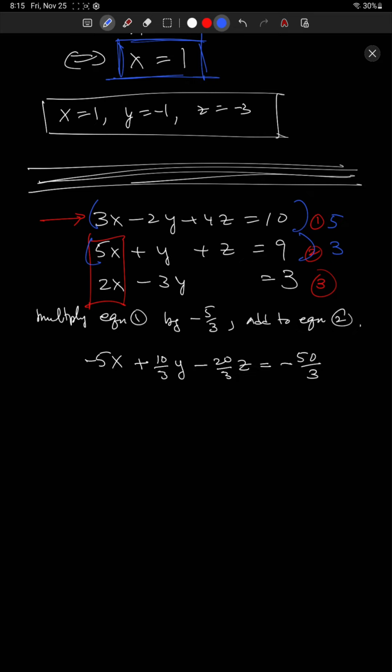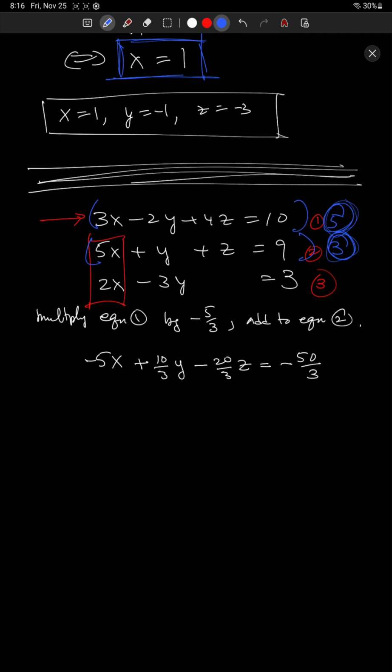But you don't want to do that in terms of the algorithm because, first of all, a computer doesn't care. The reason why we do this sometimes is because a lot of people are uncomfortable with fractions. And so if you multiply by 5 and multiply by 3, you don't have to deal with fractions, right? But computers don't care about fractions, right? A computer can work with whole numbers just as easily as fractions.